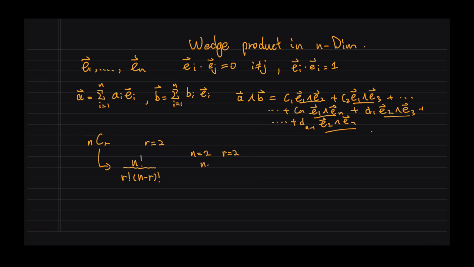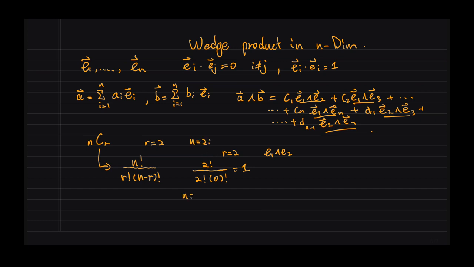Then we have 2 factorial over 2 factorial and 0 factorial. 0 factorial is 1, so this is equal to 1. It makes sense because in 2 dimensions we can only have E1 wedge E2. There are no other choices.